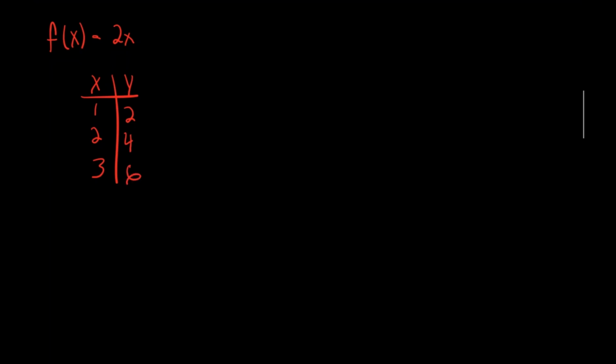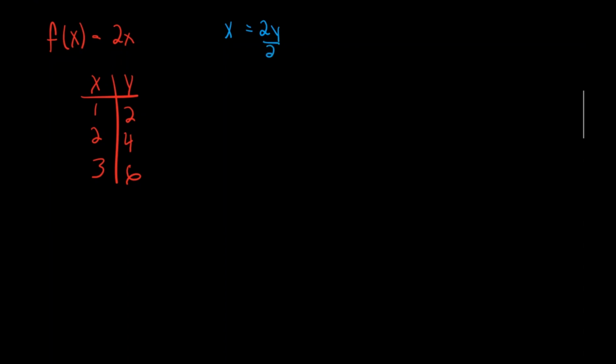However, with our inverse, we're going to switch our x and y. Let's actually see this. If we have f of x is equal to 2y, to find the inverse, we want to switch our variables. So we have x is equal to 2y, and we want to isolate y.